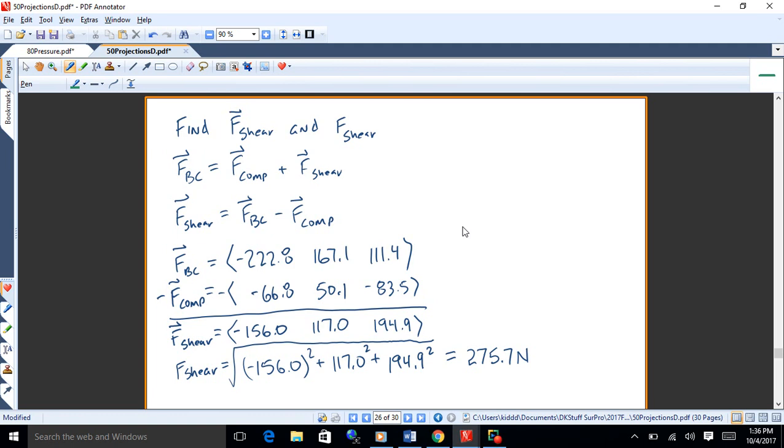So if I'm designing this thing, I've got a compressive force of 118 newtons and a shear force of 276 newtons. That's what it looks like here. So that's the information I'd use to design it.